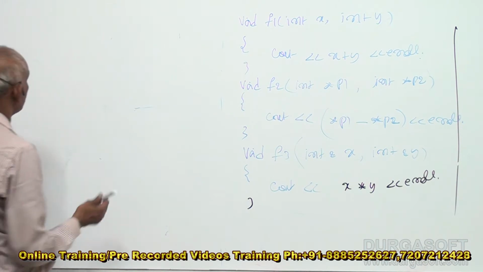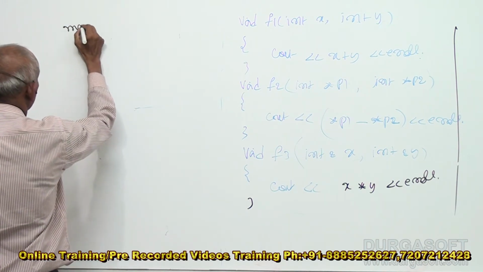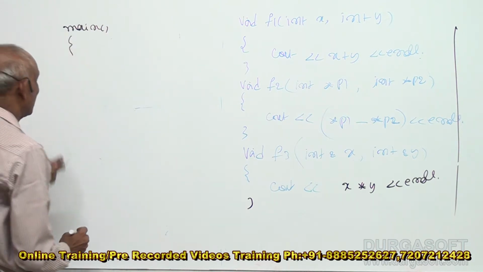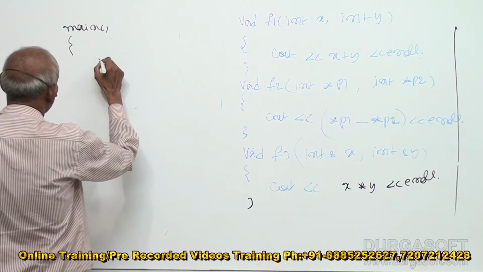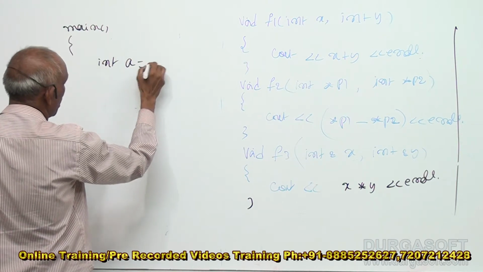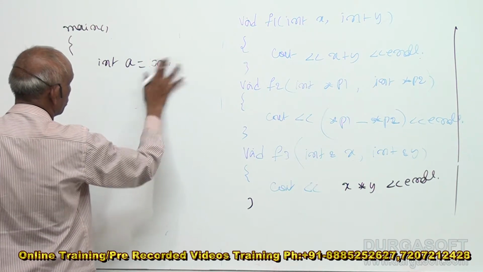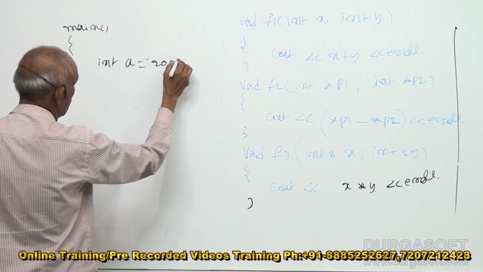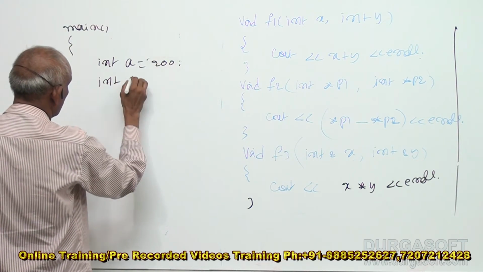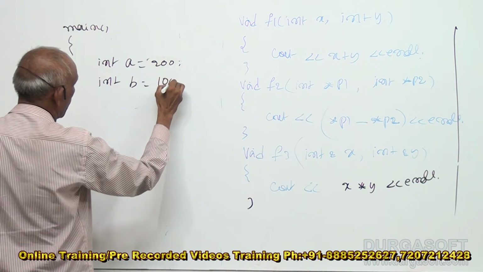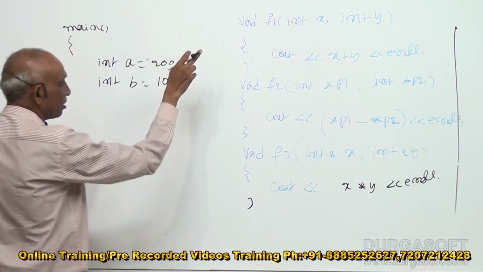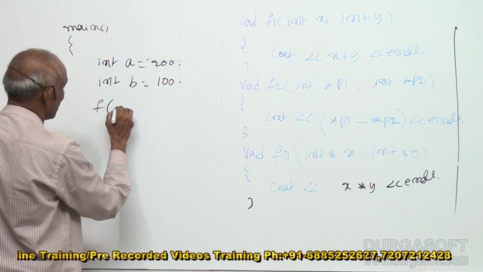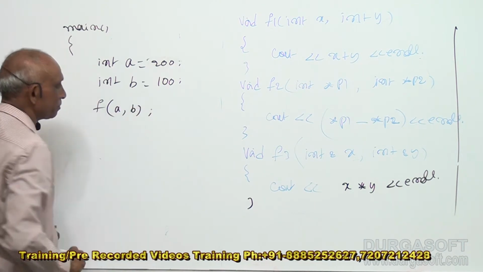I will write the main function. Now I have two variables, int a is equal to 100, int b is equal to 200. Now I will call f1 a comma b.